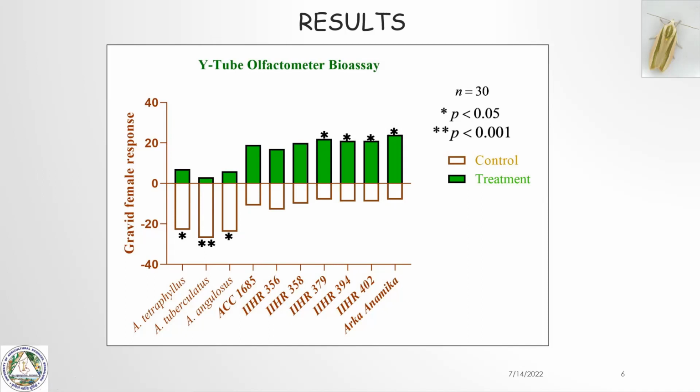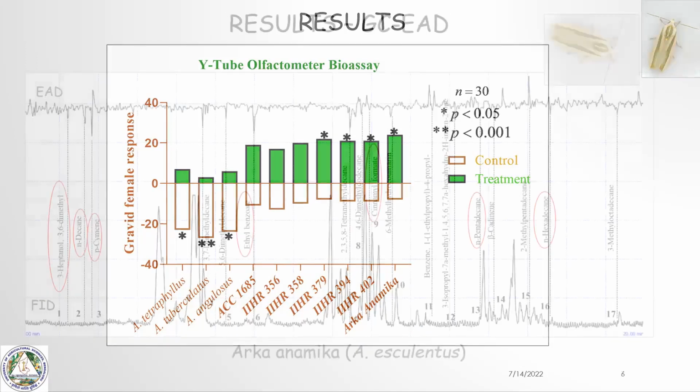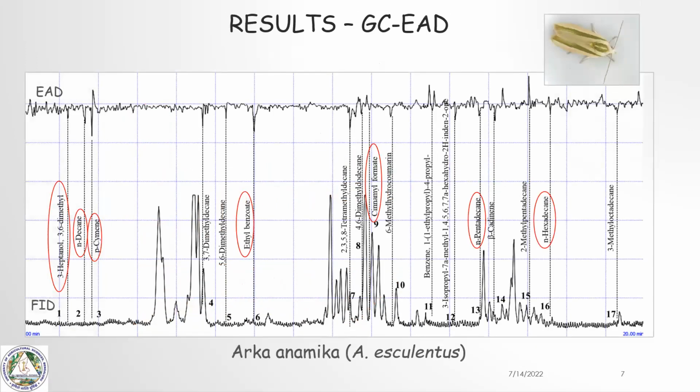Further, this host plant volatile was used for antennographic detection. The antennographic detection used here was gas chromatography coupled with electroantennographic detection. So here the result of GC-EAD shows obvious antennal response of the female moth to the corresponding volatile compounds.